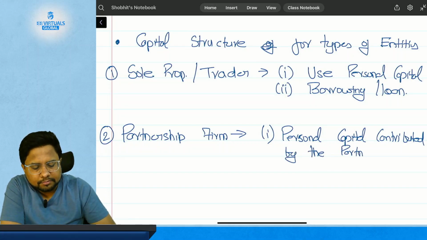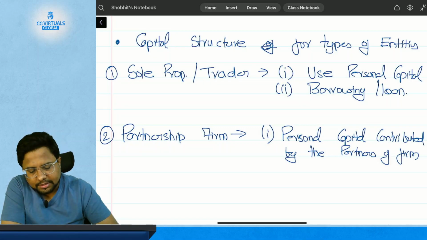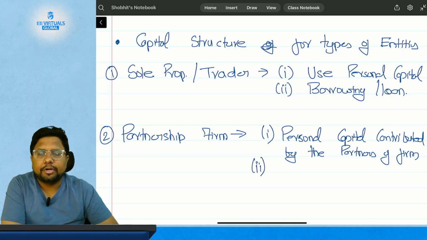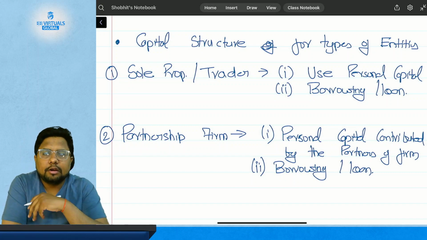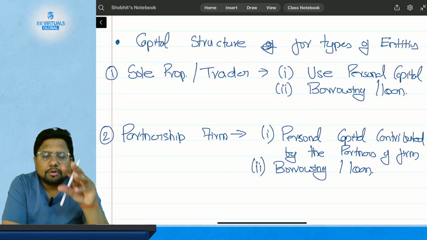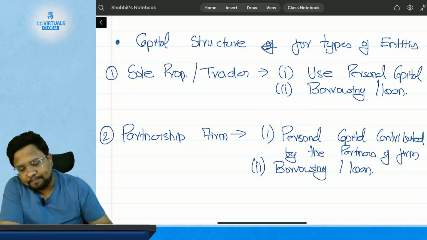Then the second source is the same as the sole trader, which is taking a loan or borrowing from the market or from the bank. So there are two types of sources for sole trader and for partnership, which are almost the same as each other.